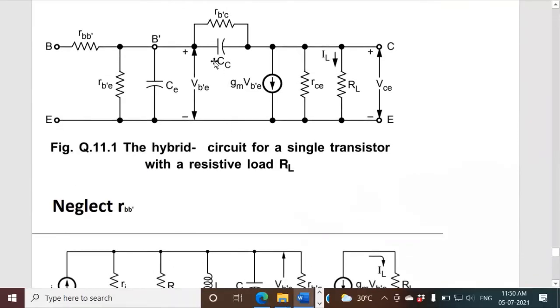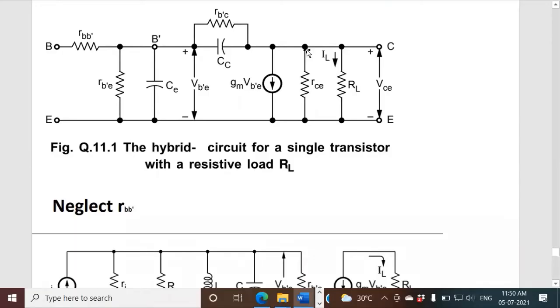Now this particular capacitance CC is also known as CB'C. Why CB'C? Because it is connected between B' and C. This capacitance is not at the input side; it is between input and output.